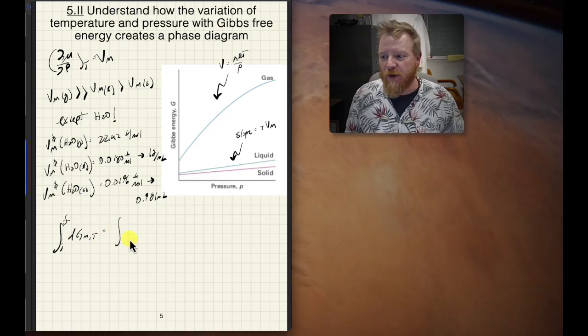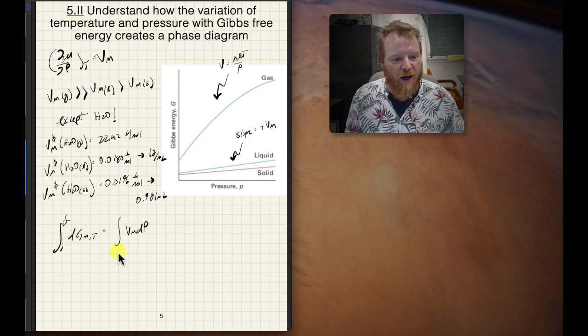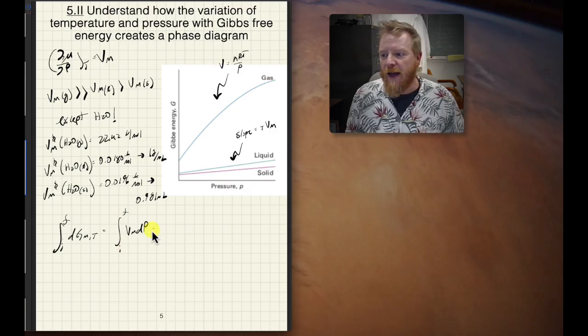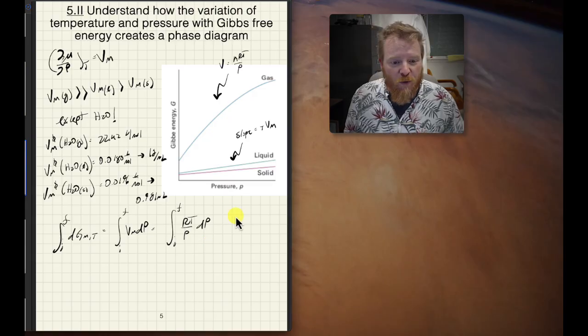And so that is going to become Vm dP, right? So I just moved those two things over to the other side. And we know that Vm for an ideal gas is equal to RT over P, so we have RT over P dP.